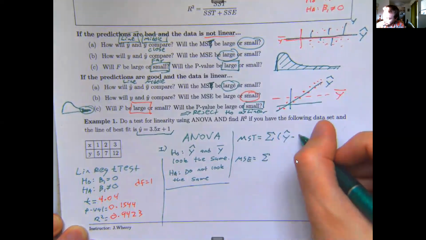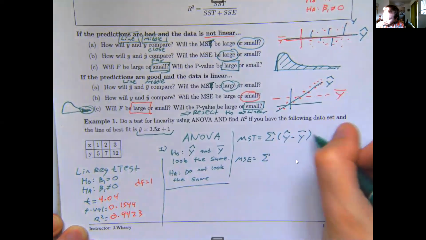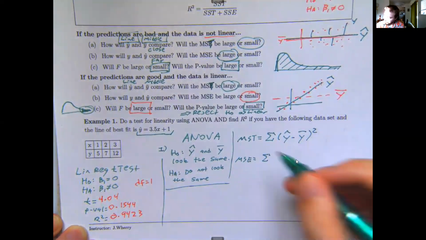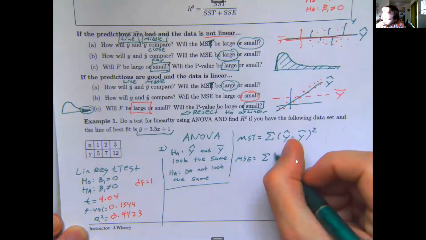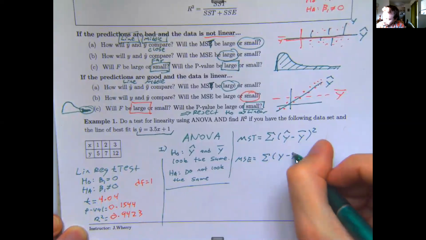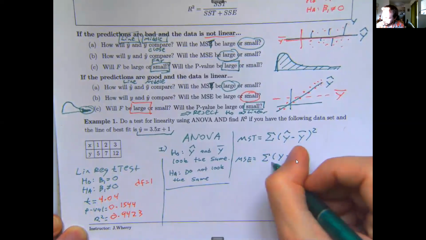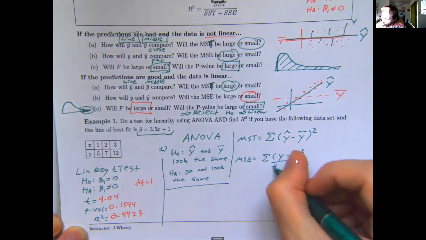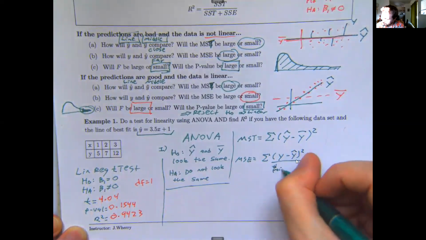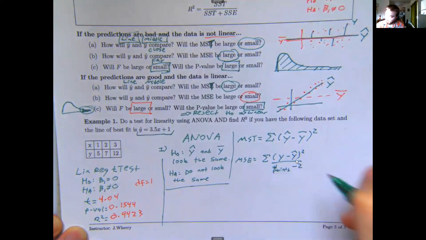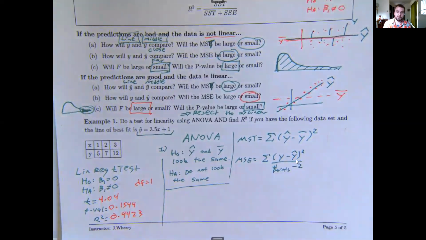It takes the line compared to the middle. And the mean square of the errors, this is the residuals. It's the y's minus the y hats divided by the number of points, take away 2.